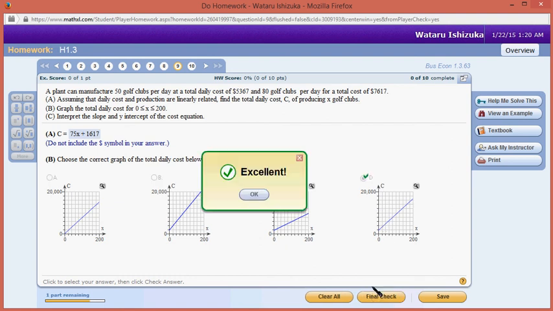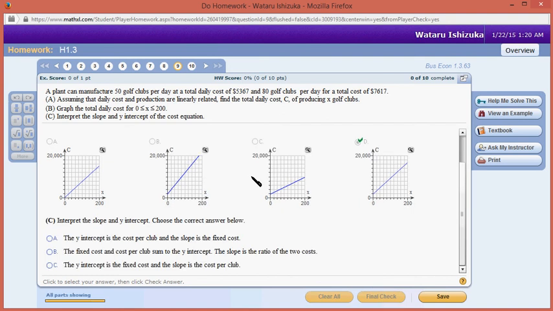All right, we got that. And part C, interpret the slope and the y-intercept. Choose the correct answer below. The y-intercept is the cost per club? No. Fixed cost and cost per club sum to the y-intercept?